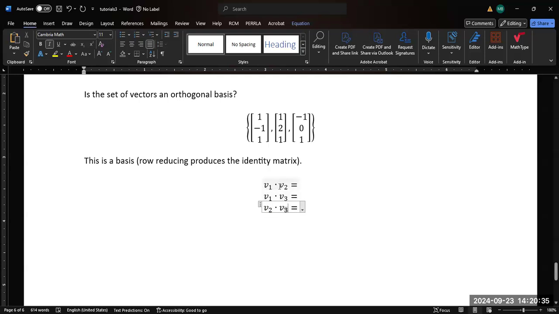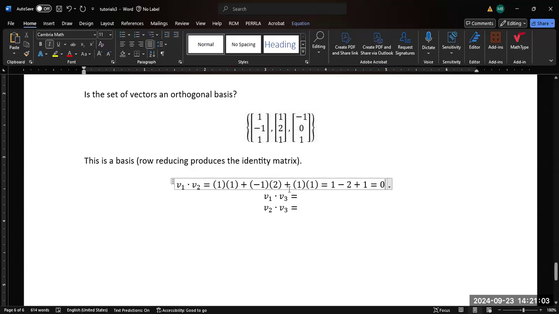So let's think about V1 dot V2. So 1 times 1 plus -1 times 2 plus 1 times 1 is going to give me 1 minus 2 plus 1, which is 0.